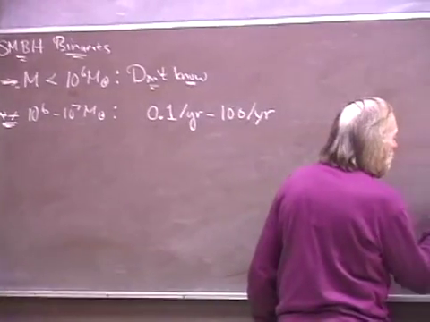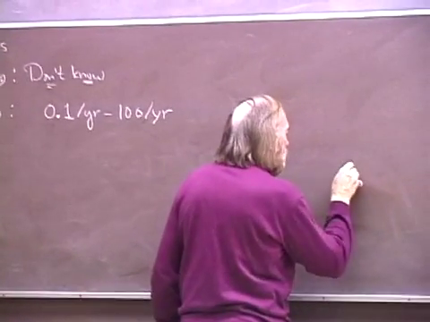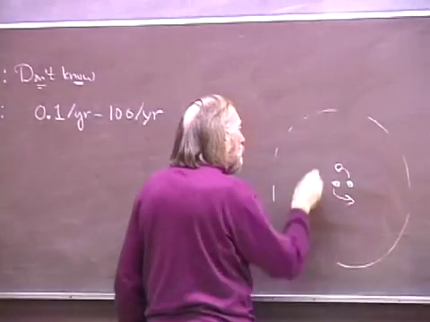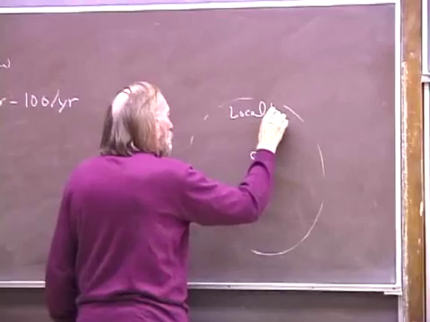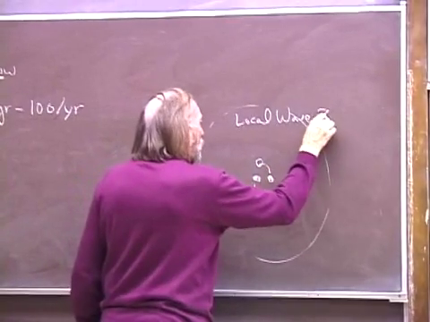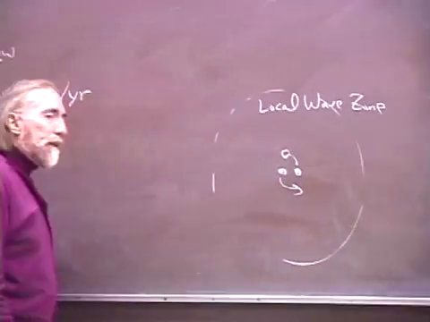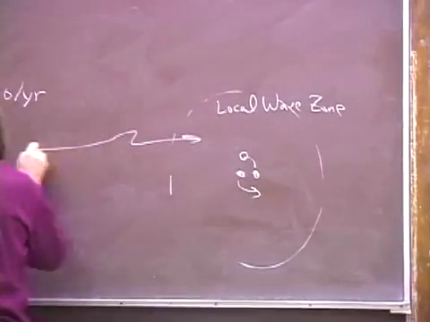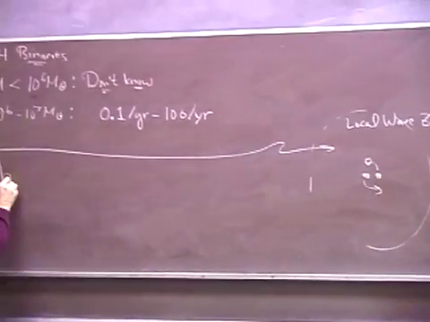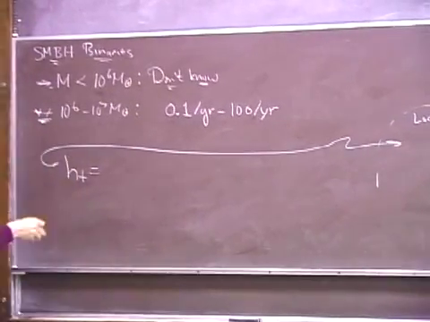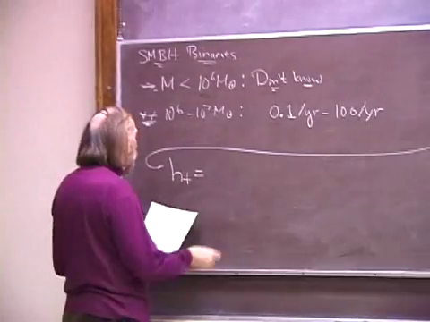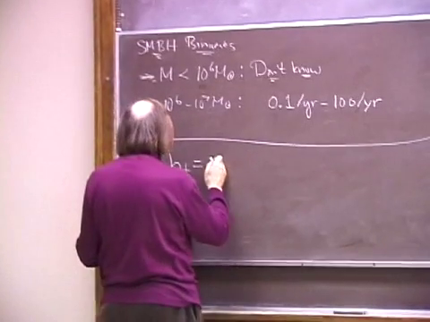I imagine I have some source, 2 black holes orbiting each other, and in the local wave zone, before you're out far enough that cosmological effects become important, we know what the gravitational wave field looks like. H plus, for example, H cross just differs from H plus by a different dependence on the inclination angle of the binary to the line of sight.